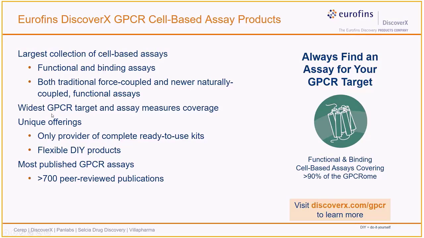And then we mentioned that we do have a large coverage, approximately 90% of the GPCR-ome, the human one, covering about 290 different unique targets. Unique offerings: you can just try our ready-to-use assay kits to get you confident on the assay, and then consider a cell line or a custom assay, or even a more flexible option such as our DIY or do-it-yourself type of products.